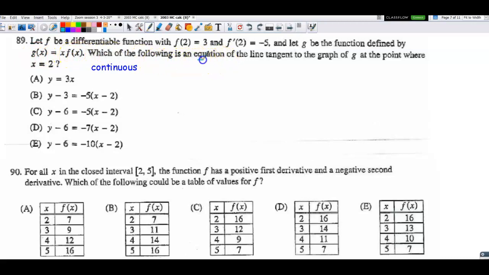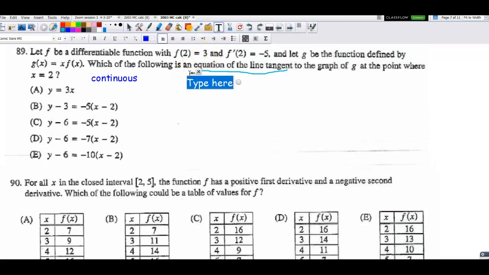Which of the following is the equation of the tangent line? So when we see that, we know that we're going to do y minus y1 is equal to m times x minus x1. And those are subscripts. And we're trying to find the equation of the line tangent to g.